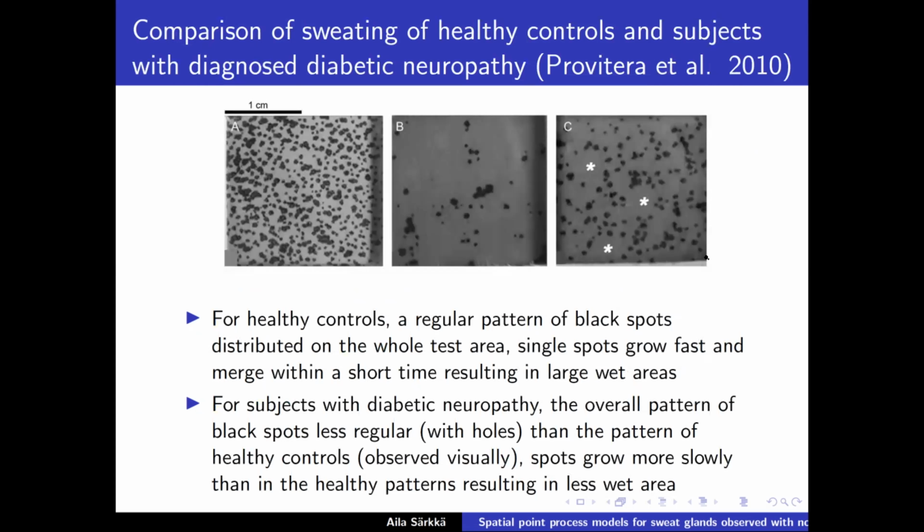And these two others, B and C, are from a diabetic patient who is suffering from neuropathy. When they compared these, they were using some measures, for example, how much they sweat, but then they were also looking at these pictures visually and made some visual observations.